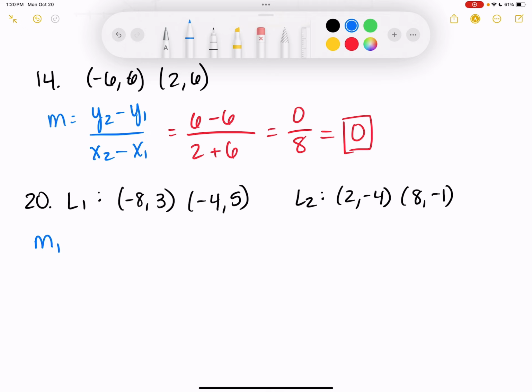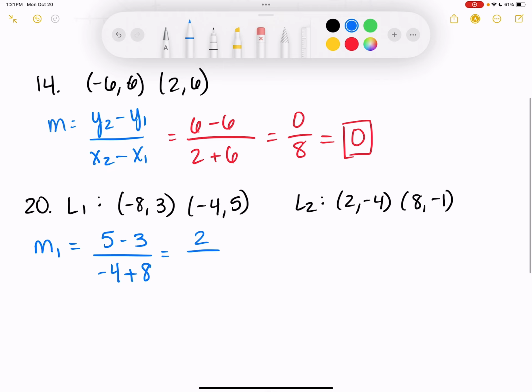So this first one, y2 minus y1, is 5 minus 3 over x2 minus x1, negative 4 minus, but 8 is negative, so it becomes plus. So negative 4 plus 8 on the bottom. That gives me a slope of 2 over 4, which reduces to 1/2.